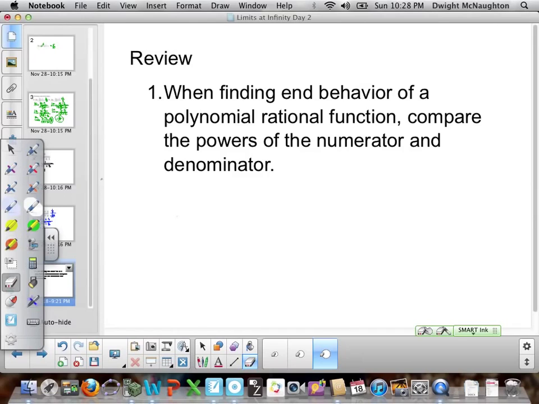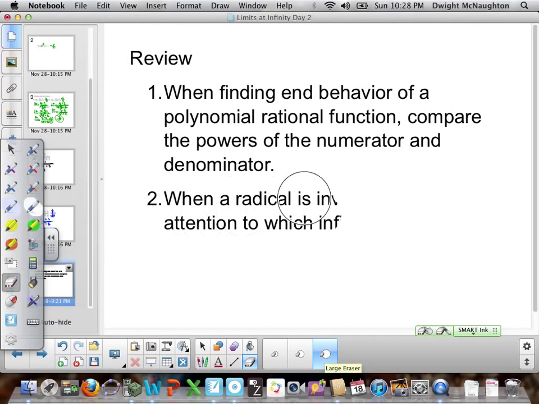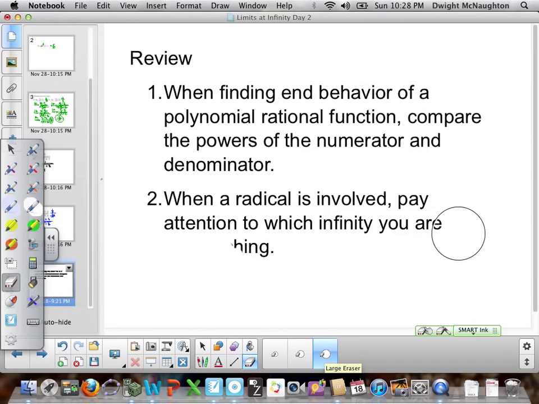If the numerator is higher, there is no limit. And if the denominator is higher, then it's 0. And when a radical is involved, pay attention to which infinity you're approaching to remember to cancel the squaring. Remember that the squaring may cancel a negative.